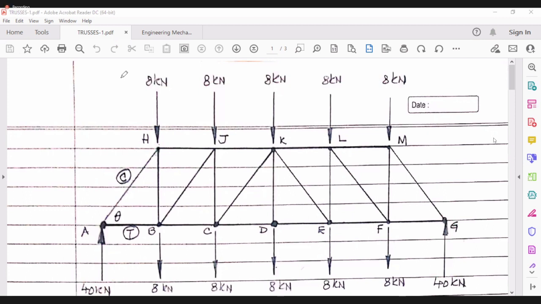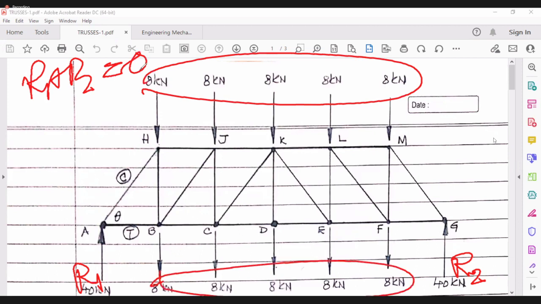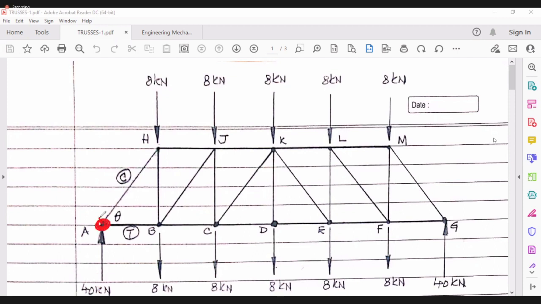You can say this is a reaction R1, this is a reaction R2. R1 plus R2 will be equal to how much? 40 plus 40, 80, excuse me. Okay, then take a moment about this point. If you take a moment about that particular point over here, then moment of R1 will be 0, R2 will not be.